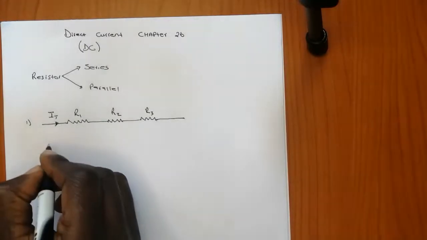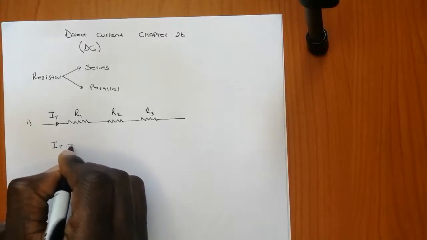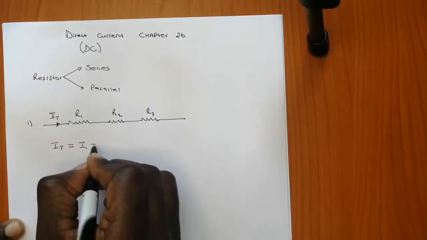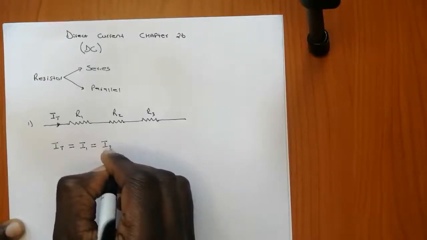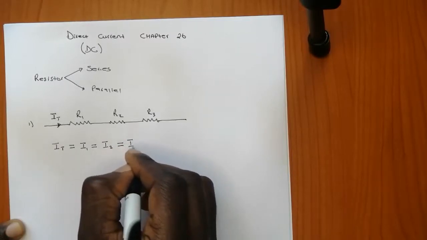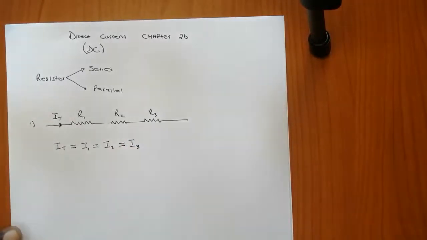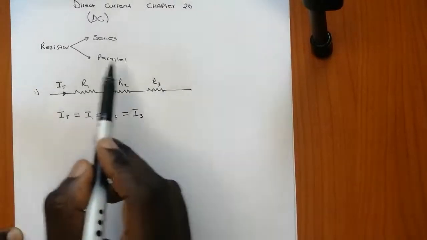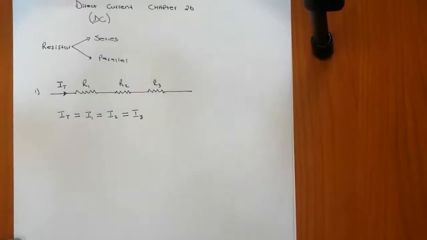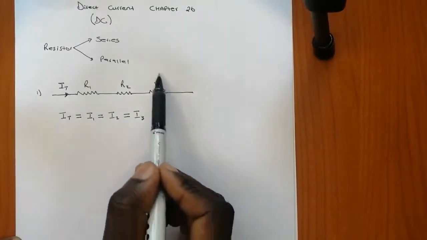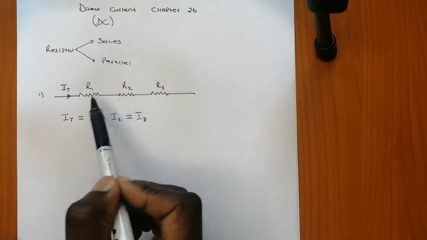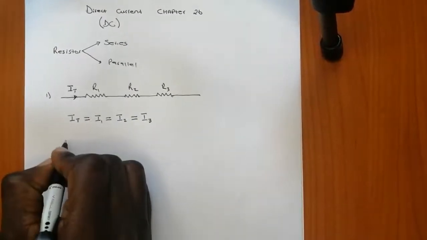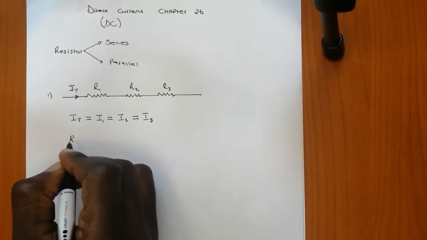The current I total will be the same at I1, will be the same at resistor 2, and will also be the same at resistor 3. So you can determine the total current that is flowing in this circuit. Also, you can determine the sum of the resistance in this circuit, which I'll refer to as R equivalent.